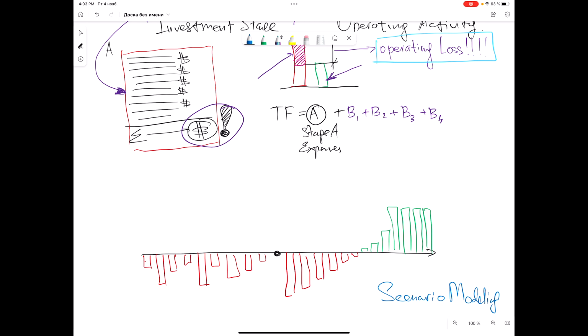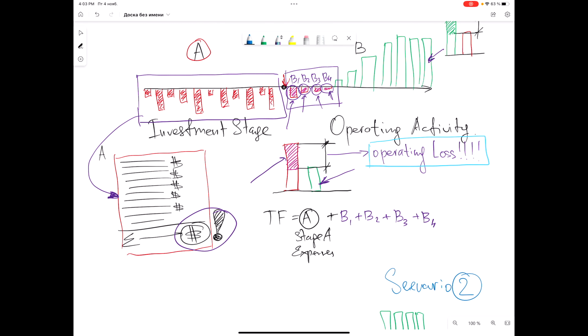So this is scenario 1 with this level of operating losses.